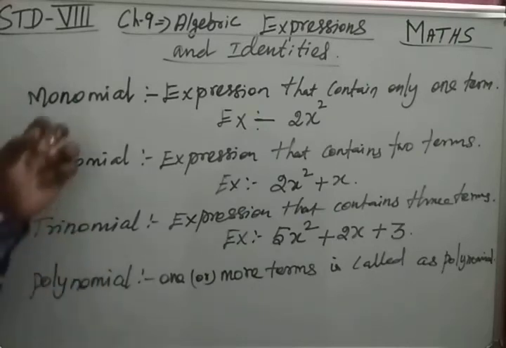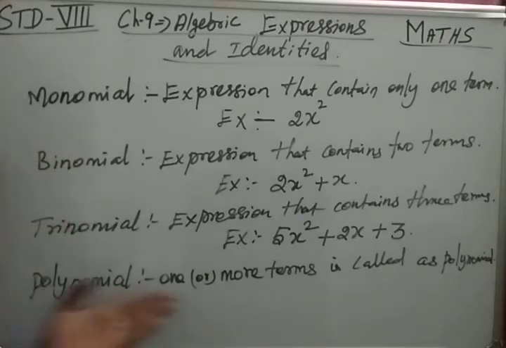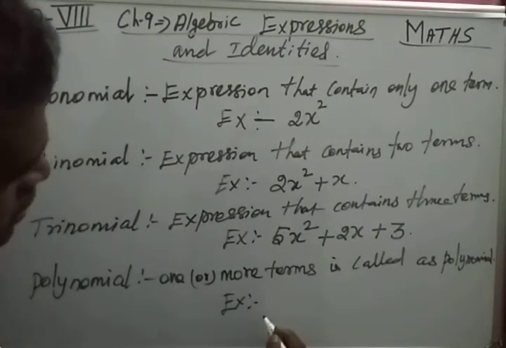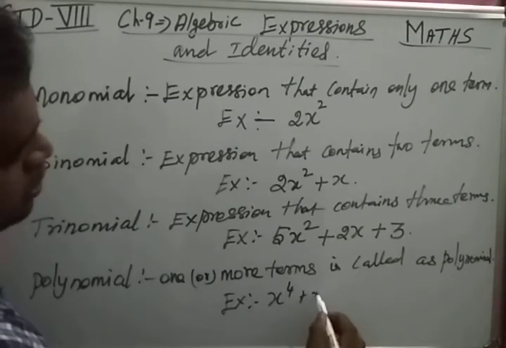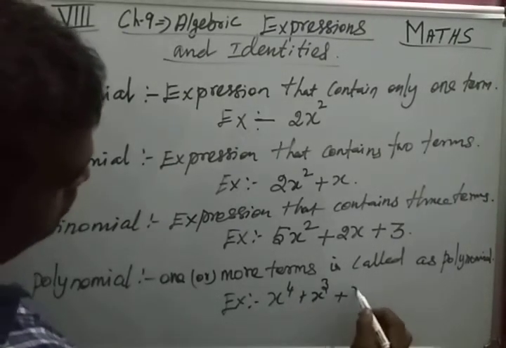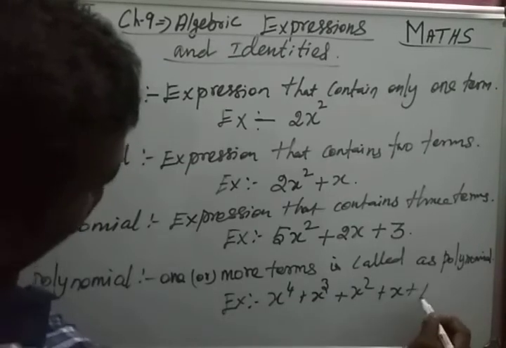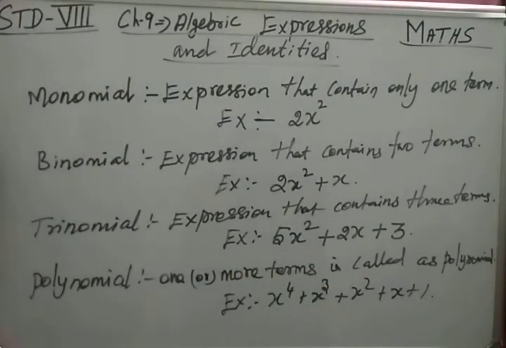First three we have monomial, binomial, trinomial. After that all the things are called a polynomial. Example, x to the power 4 plus x cubed plus x squared plus x plus 1. How many terms are there? This we can say is a polynomial.